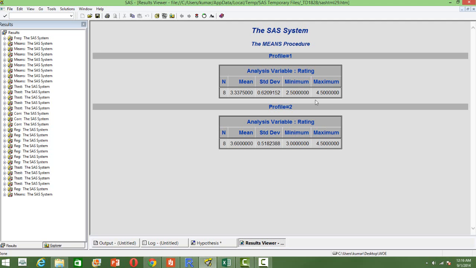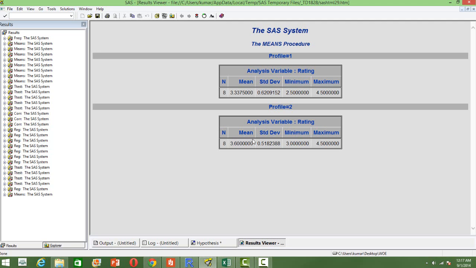If somebody asks what is the average performance of employees belonging to profile 1, can you say that it's 3.33? No, that's actually not true, because this is sample data and we haven't done any hypothesis testing yet. Only after doing hypothesis testing will we get to know whether the sample statistic represents the population statistic or not. So we'll get to know that only after doing the test. Similarly, we cannot conclude anything about the statistics for profile 2 as well.